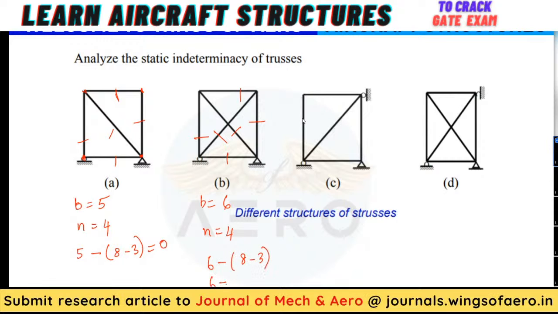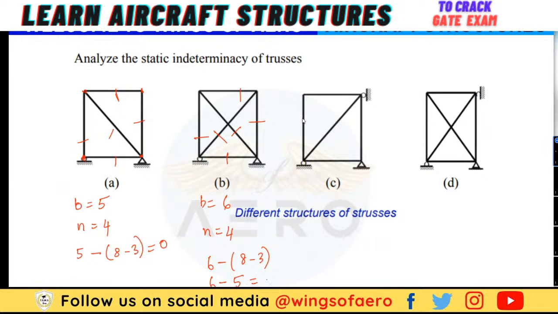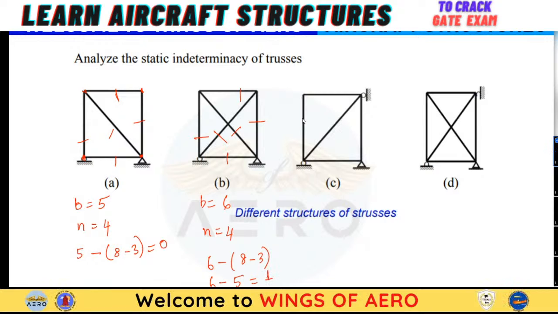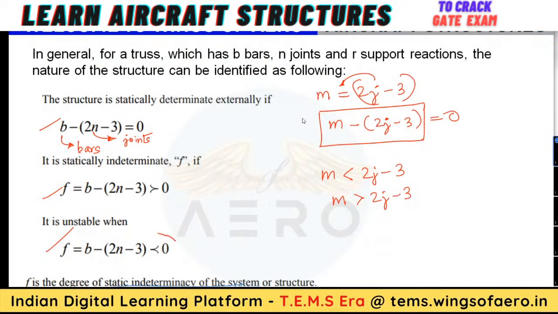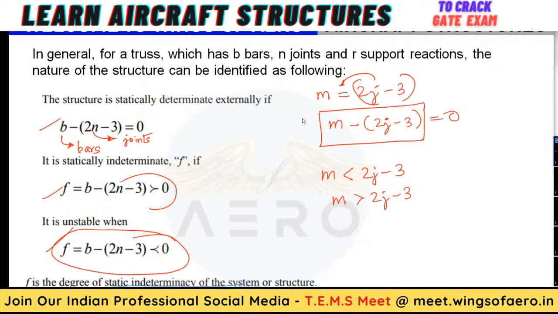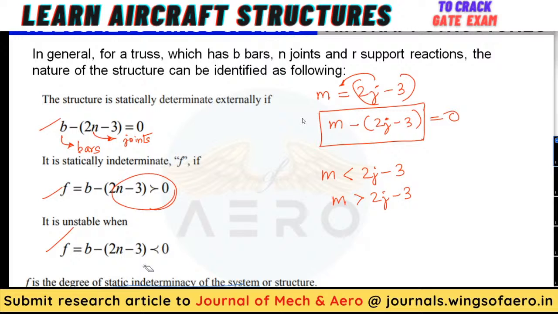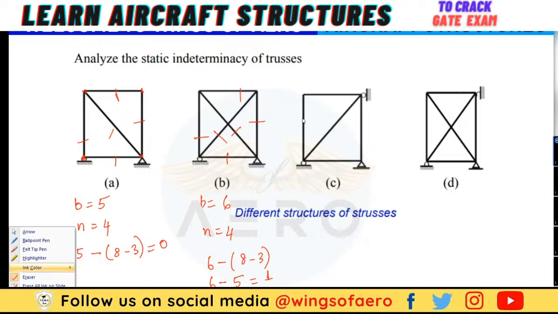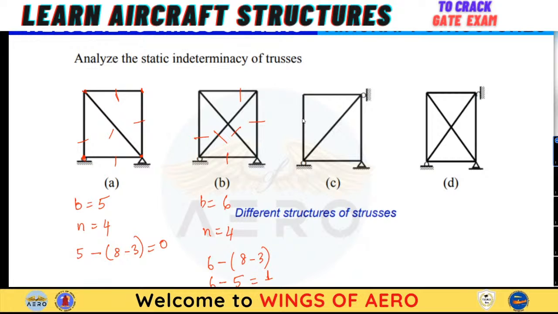What is that? 6 minus 5, which is what we are getting, plus 1, right? So plus 1 means greater than 0. So greater than 0 means it is indeterminate.